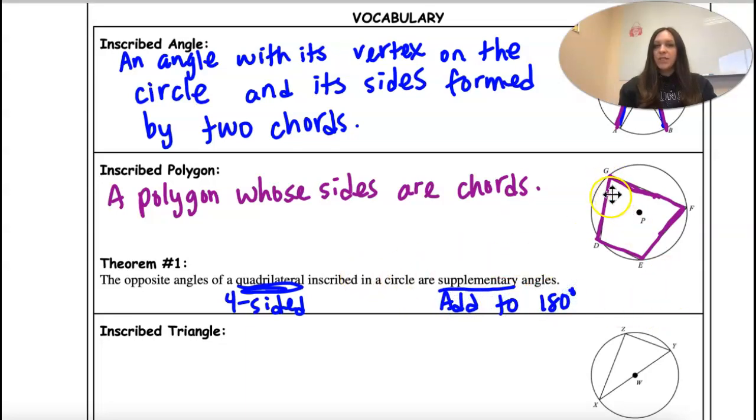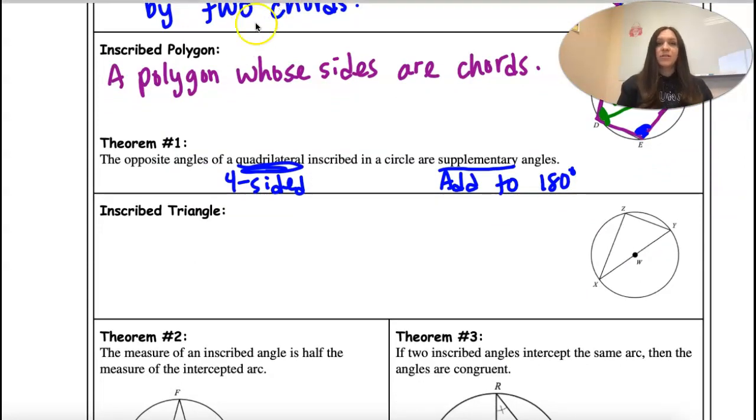So opposite angles, angle G plus angle E add to 180 degrees. They're opposite. Then angle D plus angle F add to 180. Opposite angles in a quadrilateral.